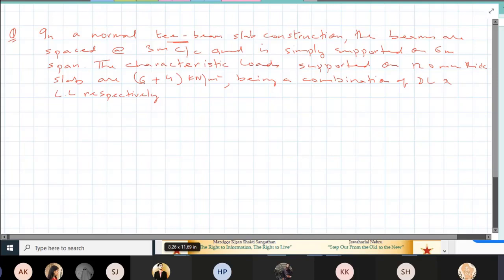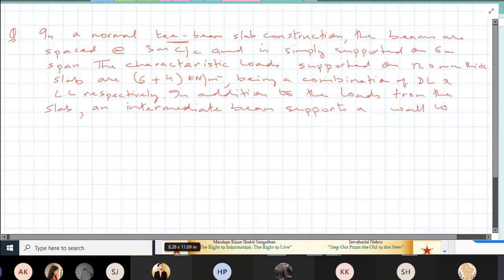So here the 6 is the dead load and 4 is the live load on the slab. In addition to the loads from the slab, say an intermediate beam supports a wall load of 12 kilonewton per meter. We'll come to this problem when I draw the sketch, then it becomes very clear.